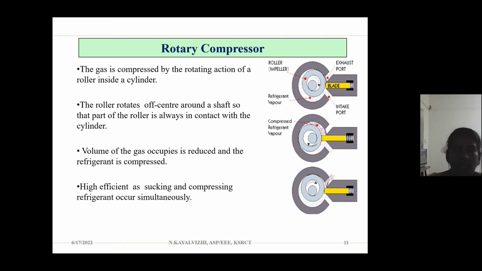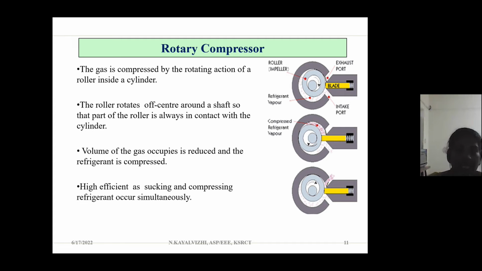So if we have an intake port and an exhaust port, in the intake port the air will be taken in and compressed, and finally it goes to the exhaust. The roller rotates around the center shaft so that part of the roller is always in contact with the cylinder.